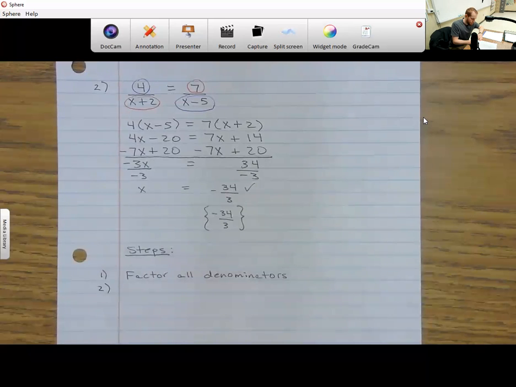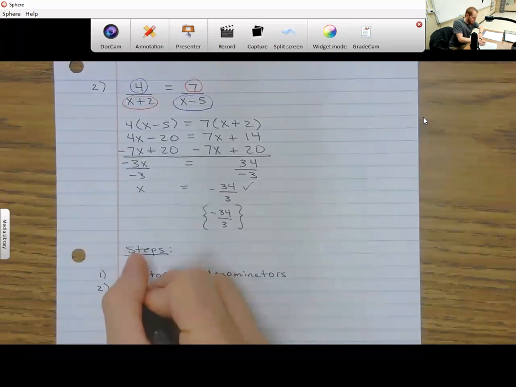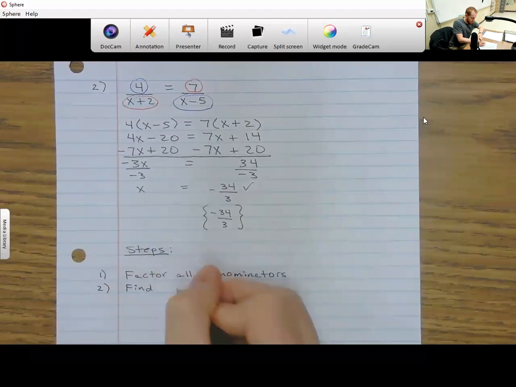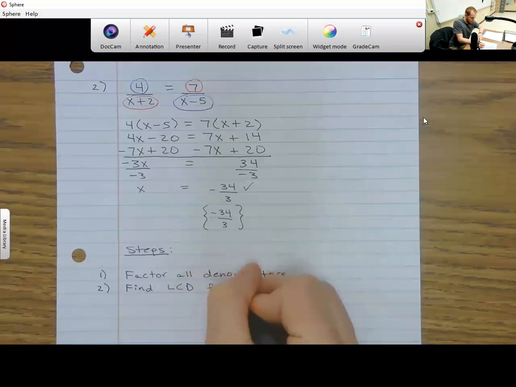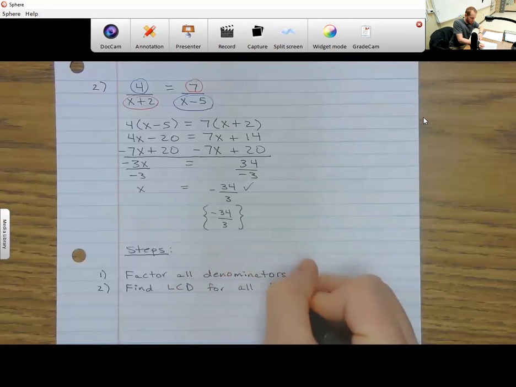So you want to find a least common denominator for all fractions.